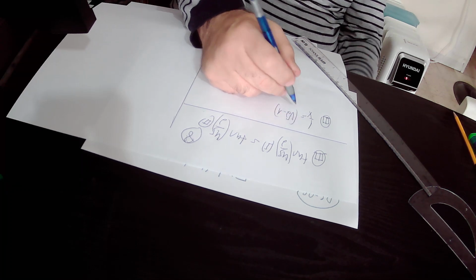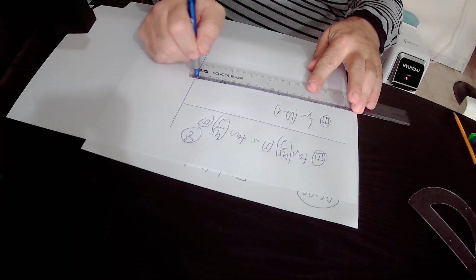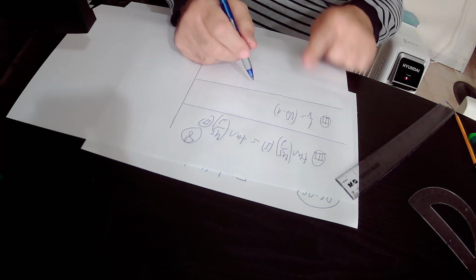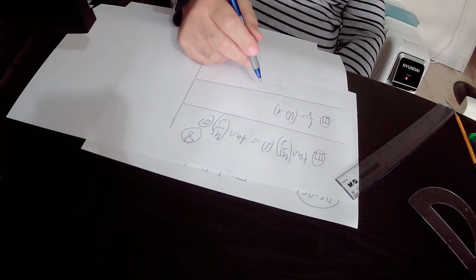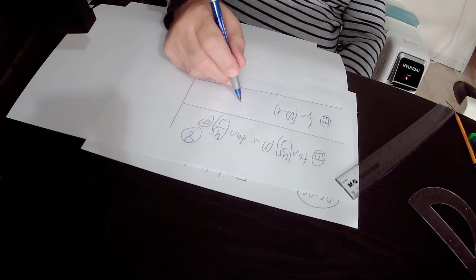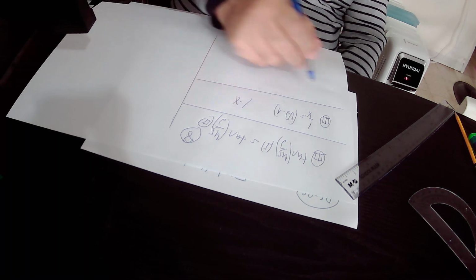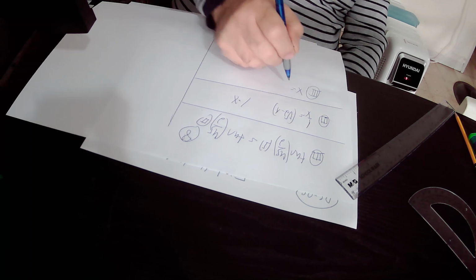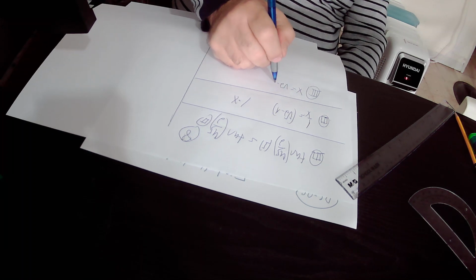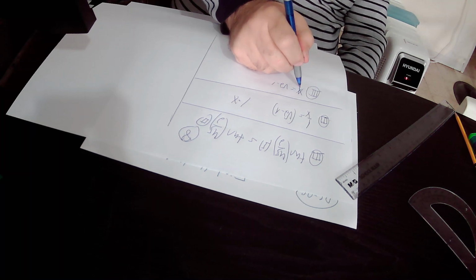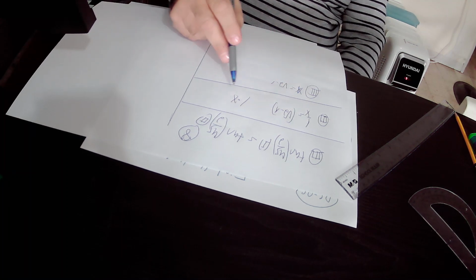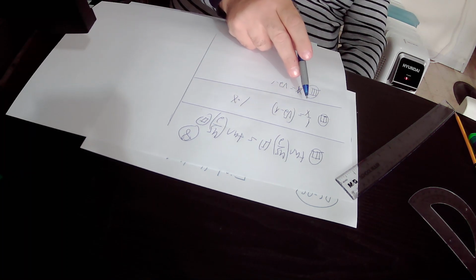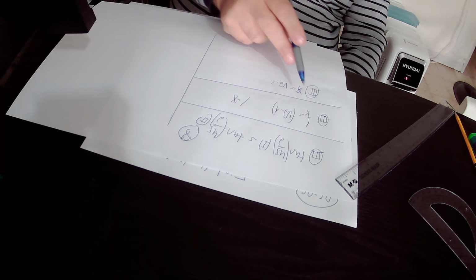In conclusion, according to equation number 3, 1 over x equals the square root of 2 minus 1. Here we multiply this equation by x, and 1 over x times x is 1.